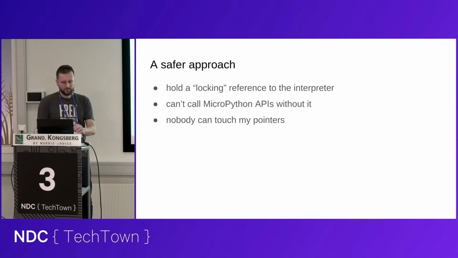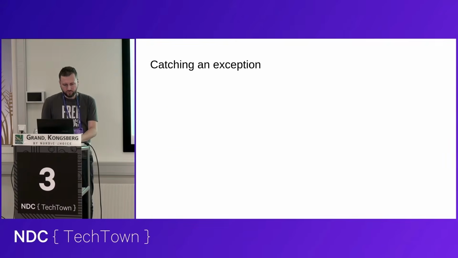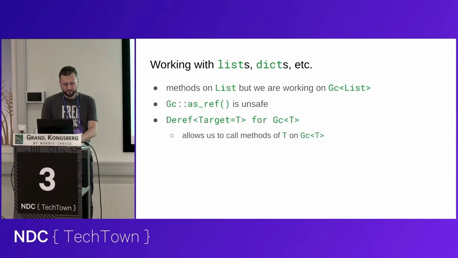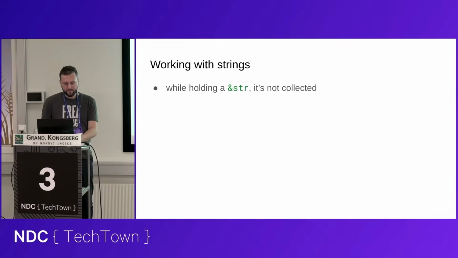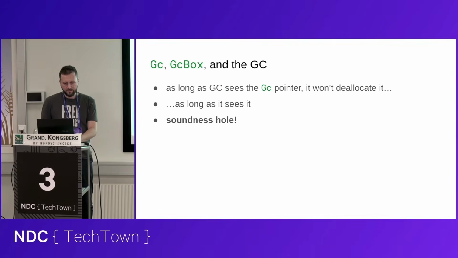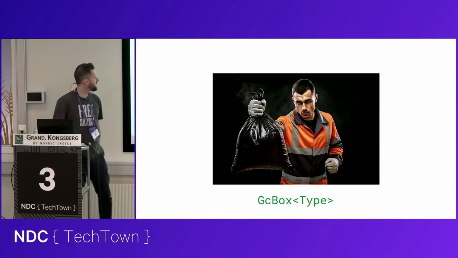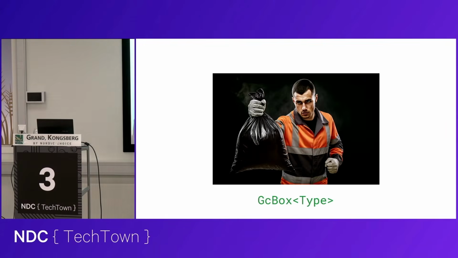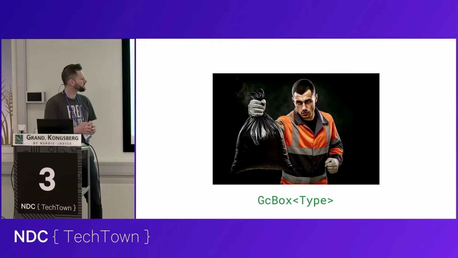So, for instance, if I go back to here, and specifically to here, GCBox would get a lifetime parameter called 'VM, and that would be bound to the lifetime of the interpreter.